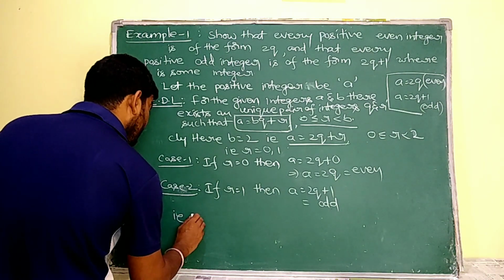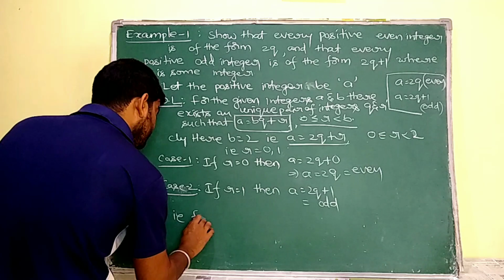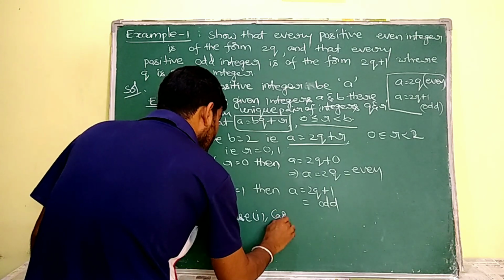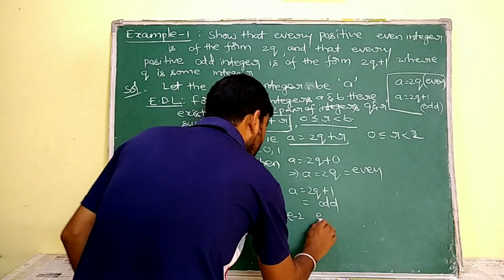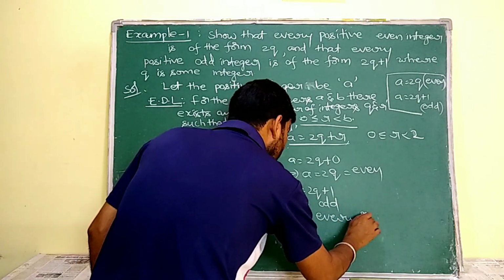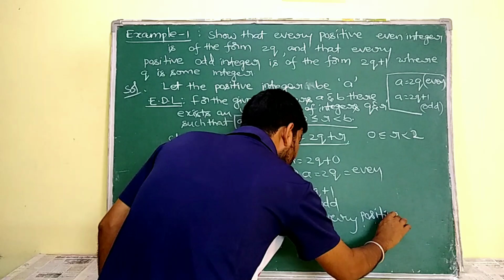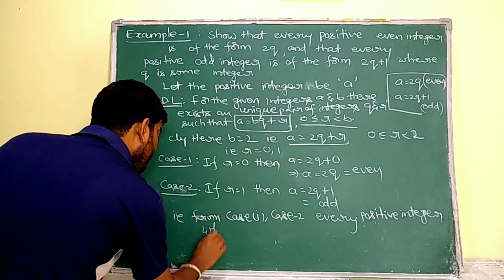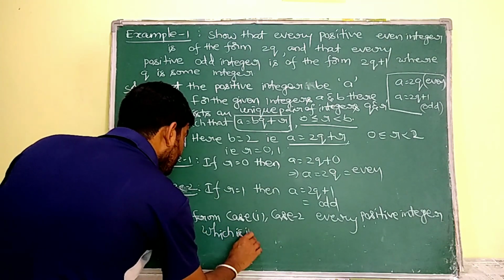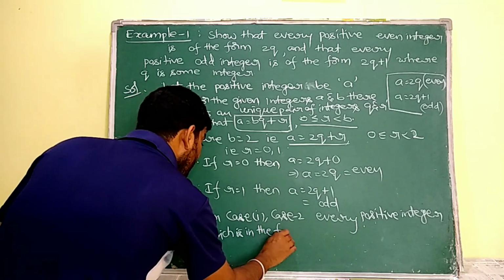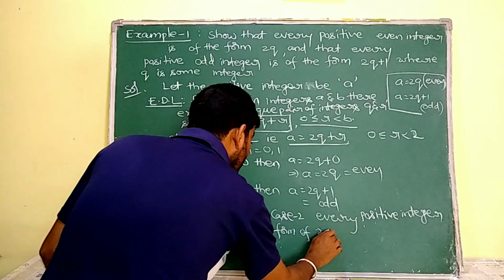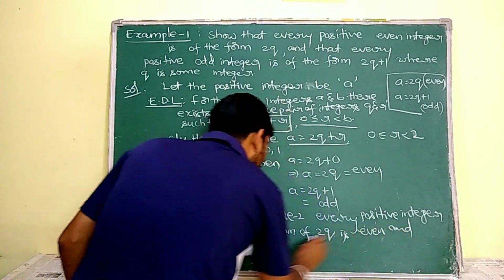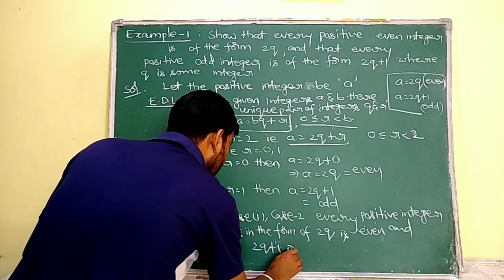Now from case 1 and case 2, every positive integer which is in the form of 2q is even and 2q plus 1 is odd.